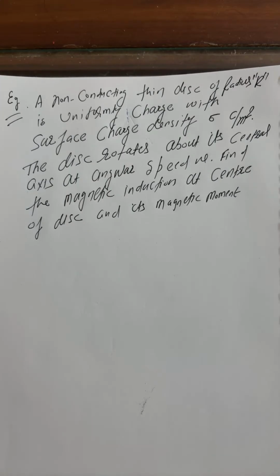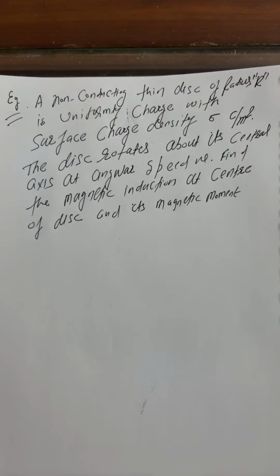So what the question is, I'll repeat once again. A non-conducting thin disk of radius capital R is uniformly charged with surface charge density sigma coulomb per meter square. The disk rotates about its central axis at angular speed omega.